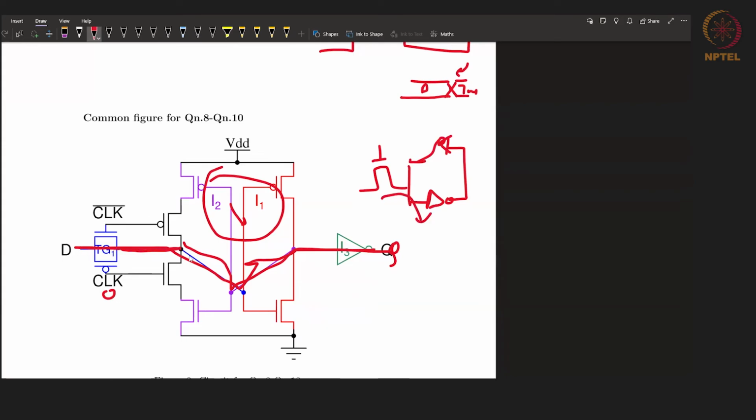Whereas here, it has broken the feedback, deactivated this loop, and you can finally write back till I1, and I2 will settle after the clock and clock bar change, 0 becomes 1 and 1 becomes 0, then this loop gets stabilized.